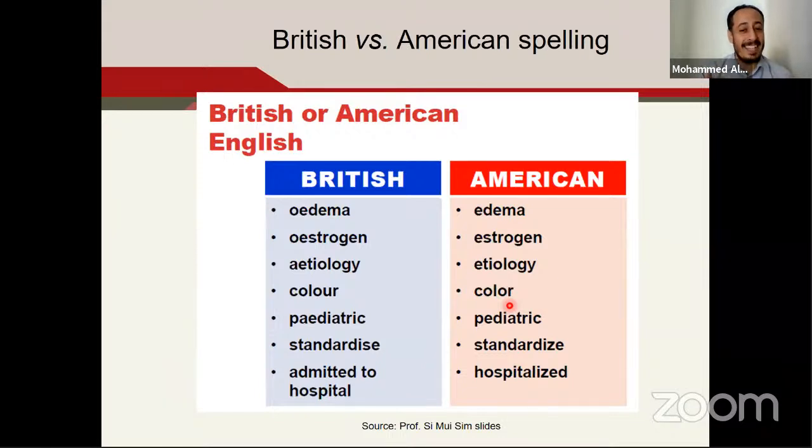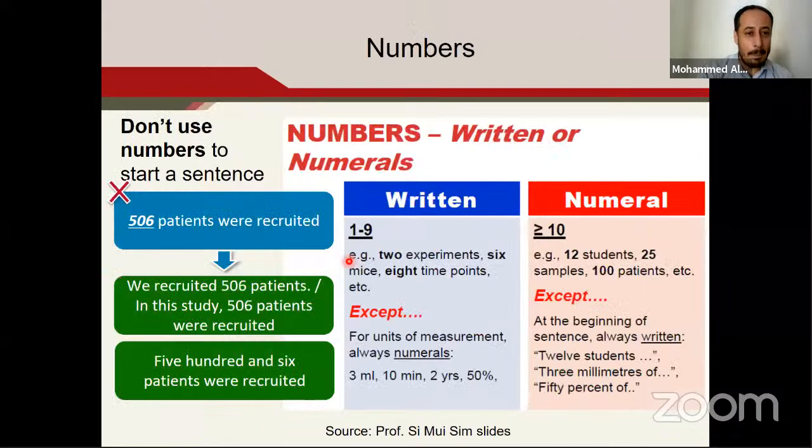Sometimes we forget, if they submit to a British journal and use American, but throughout the whole manuscript they use one style. But some use a mixture. To avoid this, again, we are not native speakers, but there is a function in the word processor. Just activate the language that you want to use, British from the beginning, and it will give you the red underline to tell you there's a spelling mistake. So again, it's really a silly mistake.